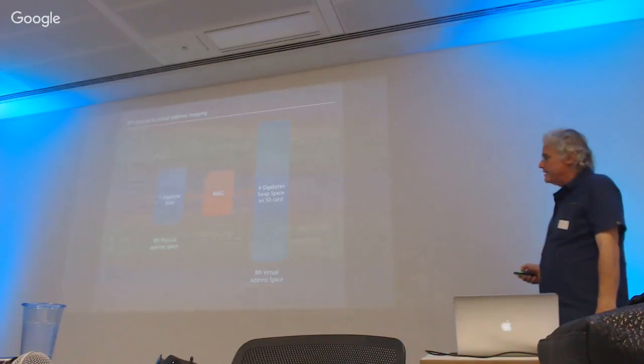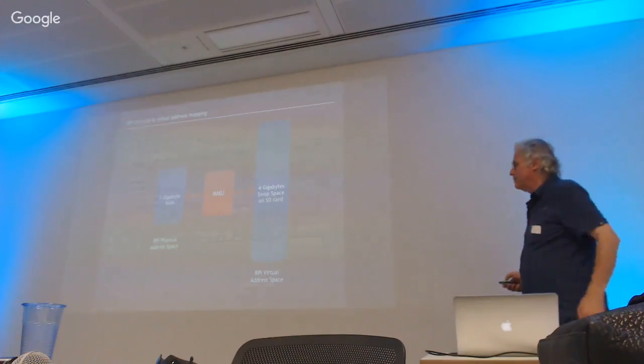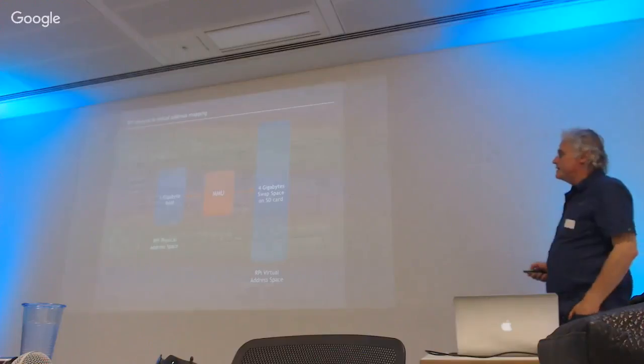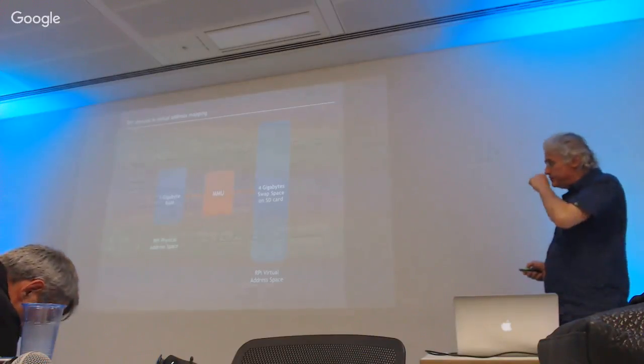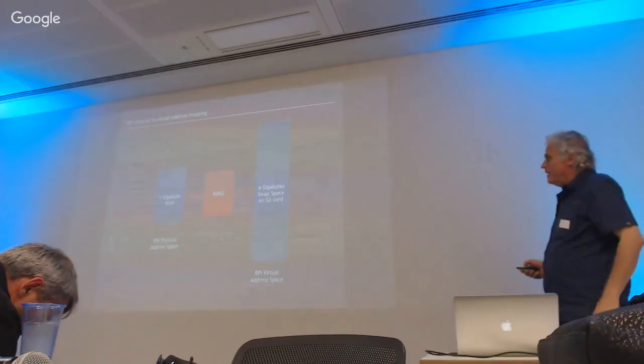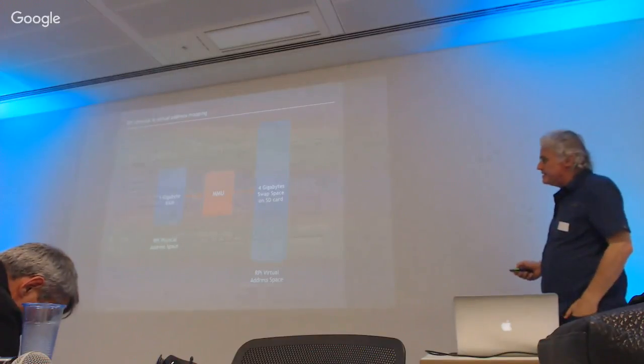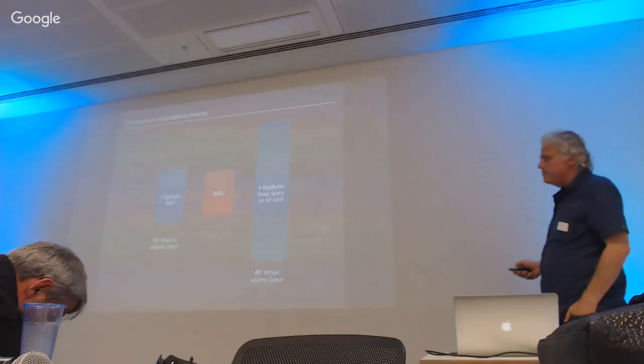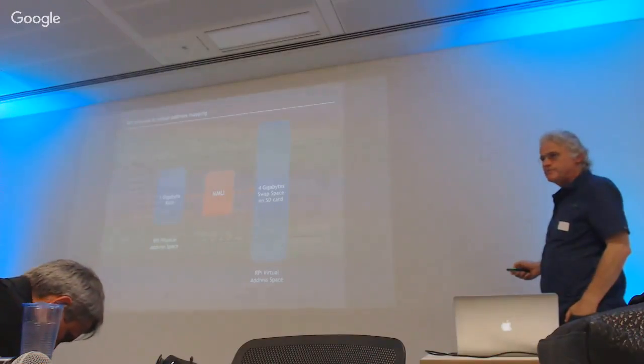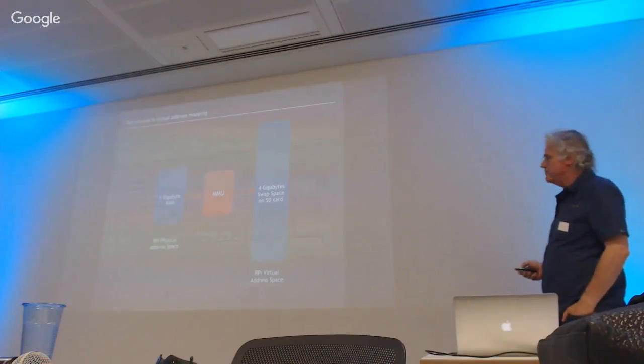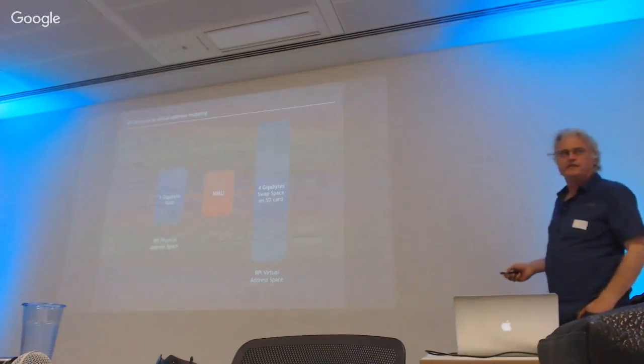So in the RPi, there's a memory management unit, and what it does is take anything that's stored in RAM and swap it into a virtual address space of 4 GB, which will be on your SD card, basically.